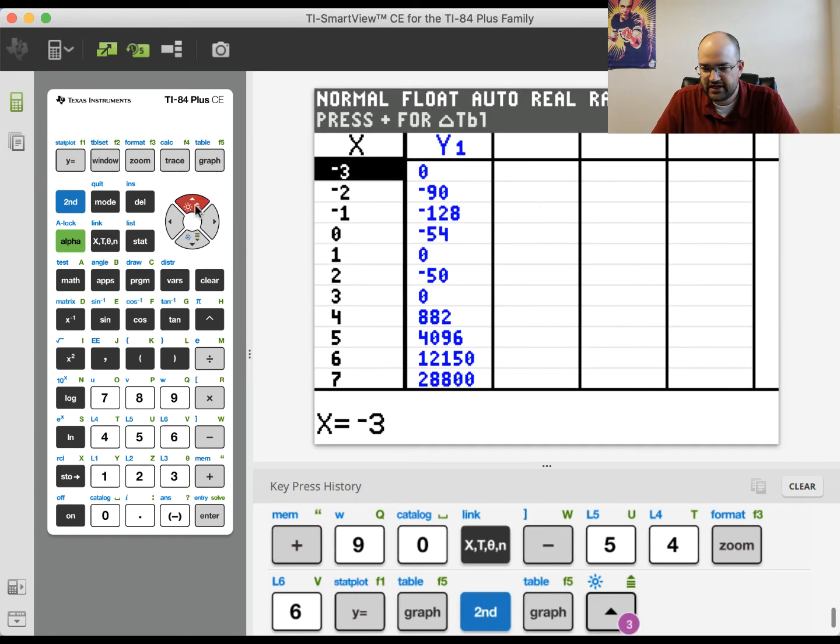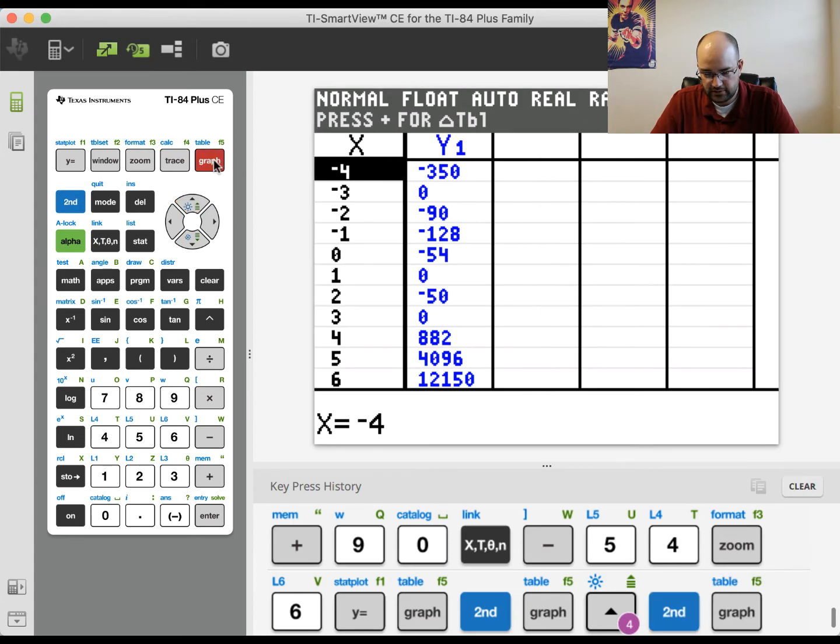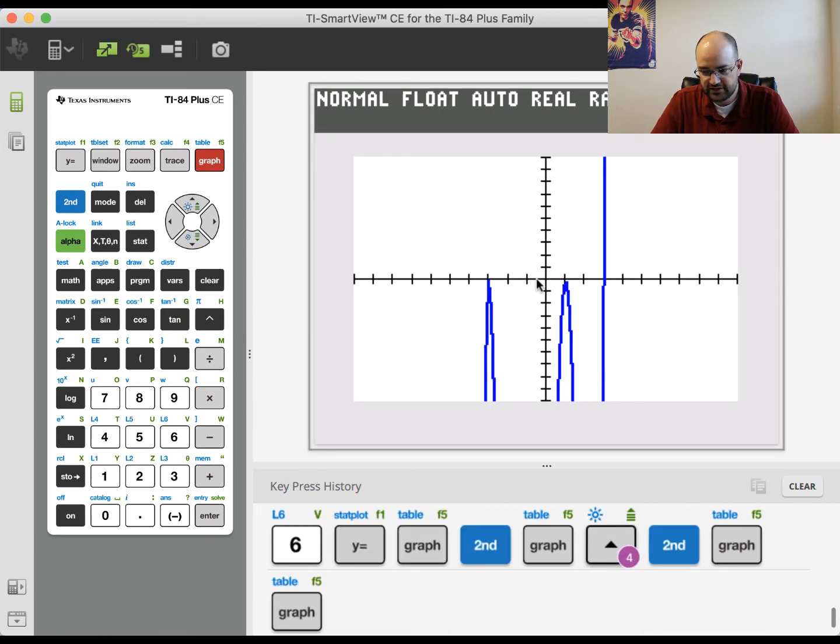And notice that if the zeros are integers, you're going to see zeros for your y values. But if the zeros were between the integers, then you wouldn't see zeros in the table. Now, the function is getting to be 0 at negative 3, 1, and 3.